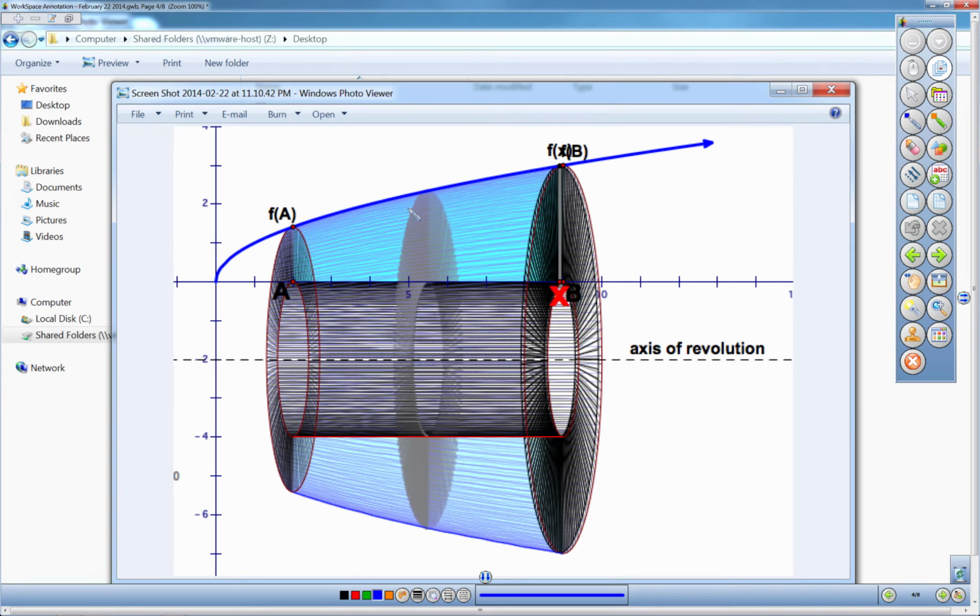Okay, so we've got a screen capture here of this entire volume. What I want to do is try to describe the area of this particular cross section. And so what I've got here is clearly a radius that's a little bit bigger than just f of x.